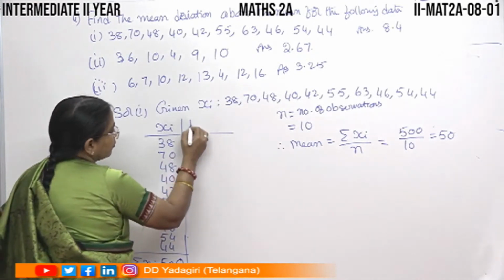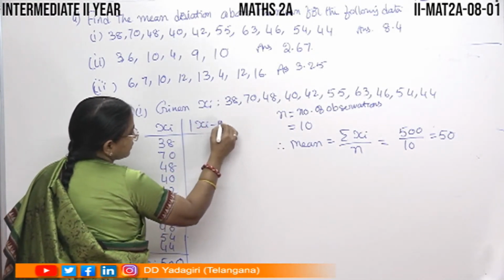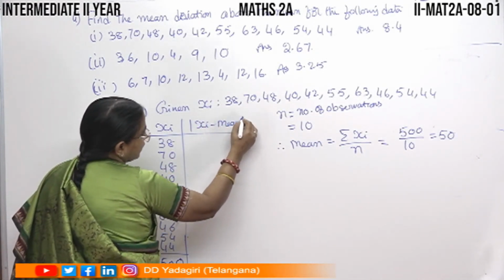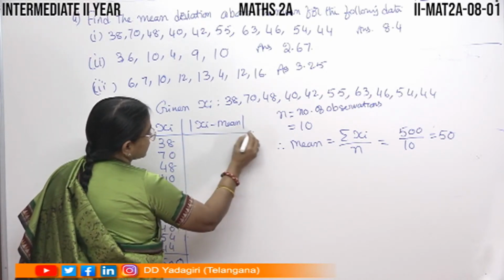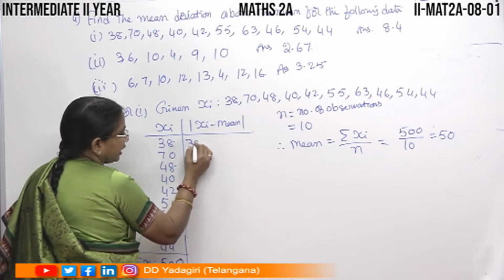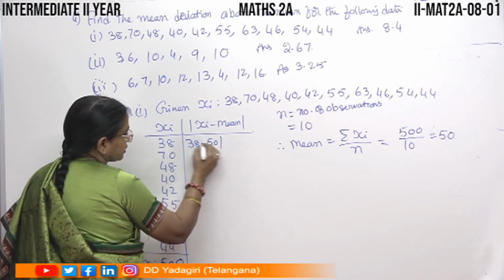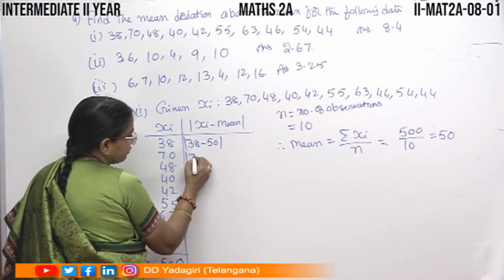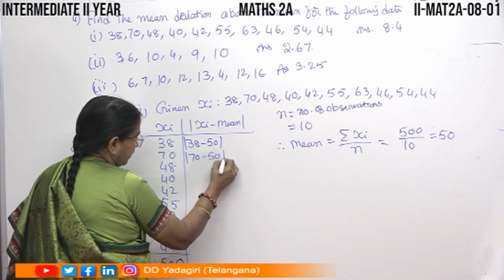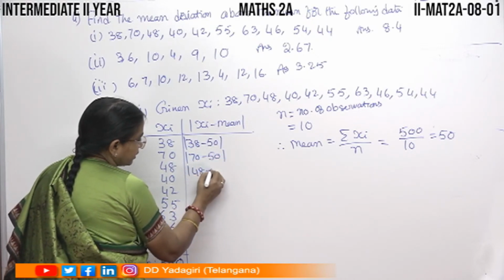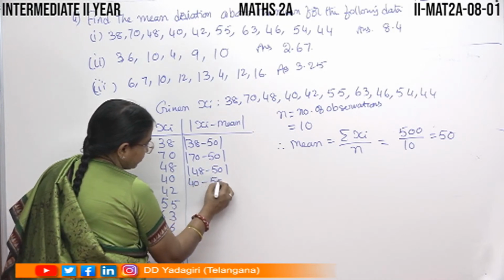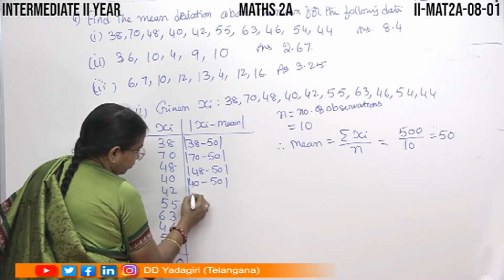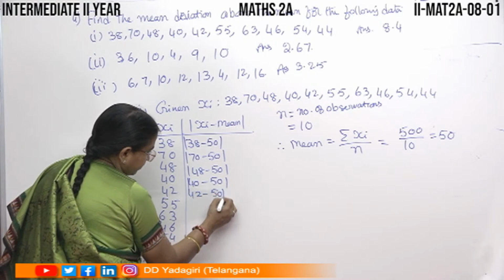Now you write mod of xi minus mean, that means xi minus 50. So 38 minus 50 modulus, and here 70 minus 50, and here 48 minus 50, then 40 minus 50, 42 minus 50.